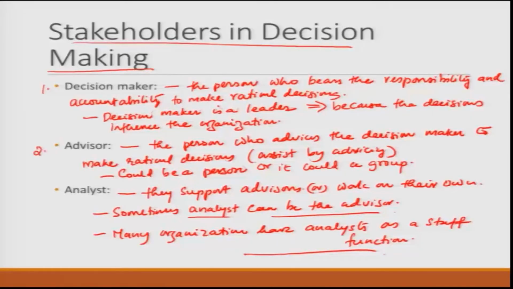So, these are the major three stakeholders: decision maker, advisor and analyst. And this course is primarily focused on how the analyst will do things, so that the feedback goes to the advisor and to the decision maker.